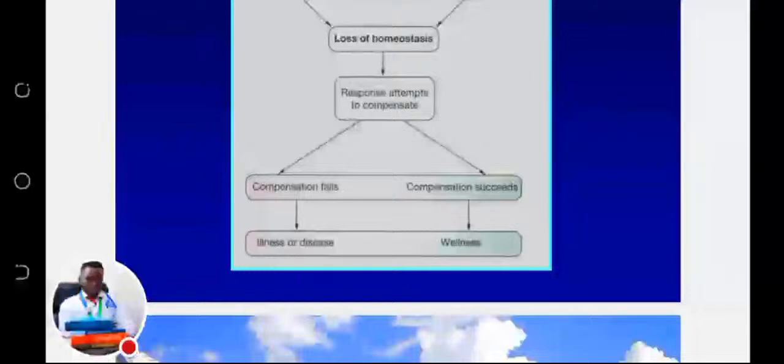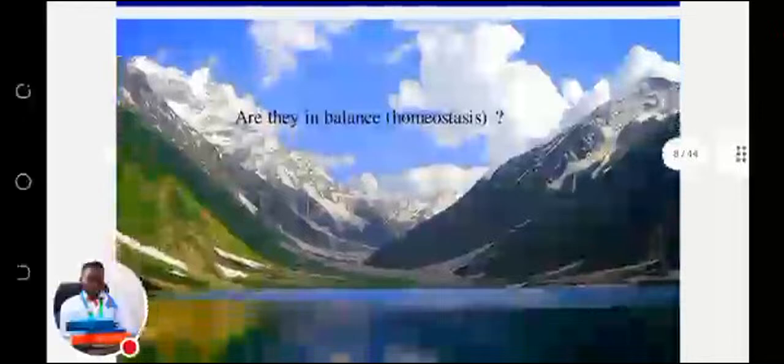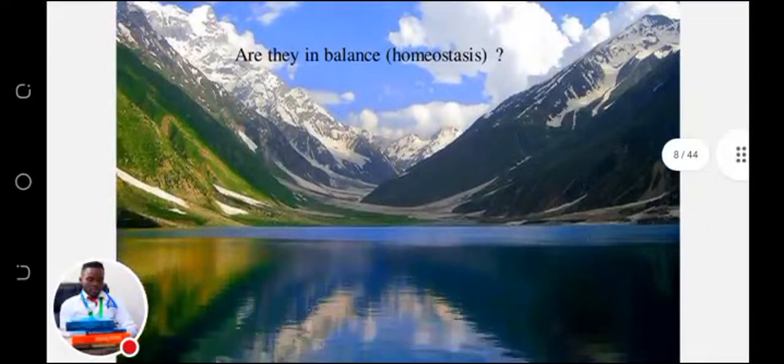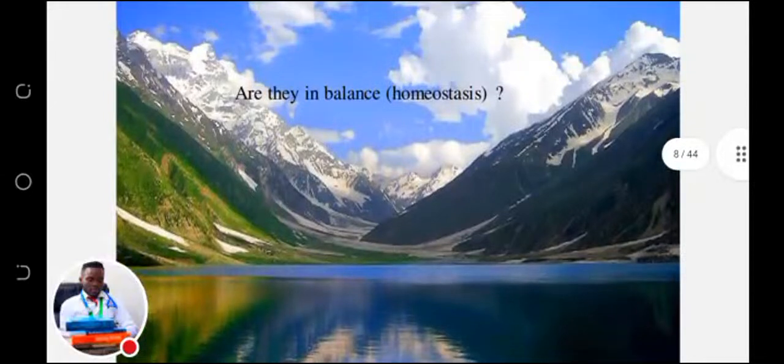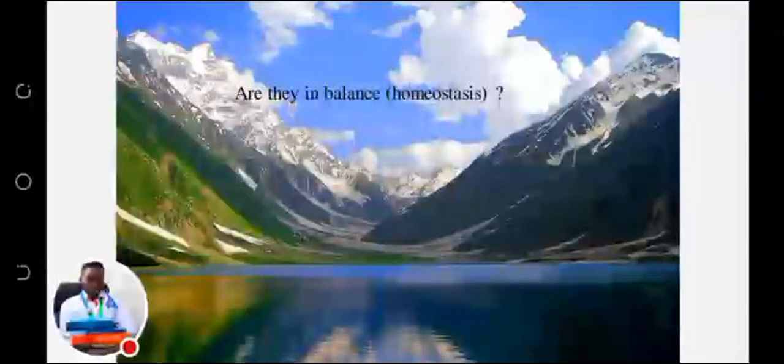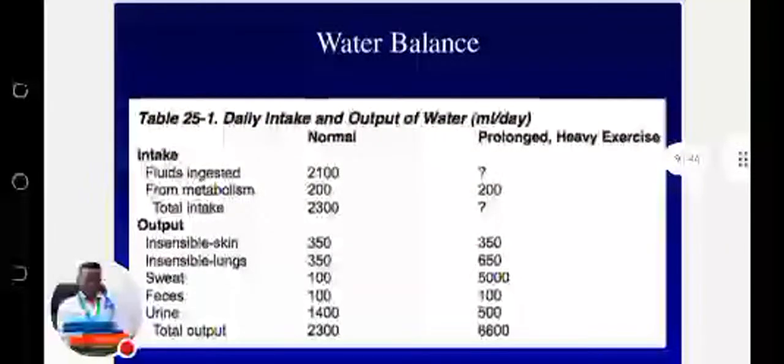If the compensation fails, it results in disease or illness. But if compensation succeeds, it results in wellness. Now, how are they in balance? That is homeostasis. In homeostasis, we need to ask ourselves: are the salt, water, glucose and all the nutrients needed by the body in balance?